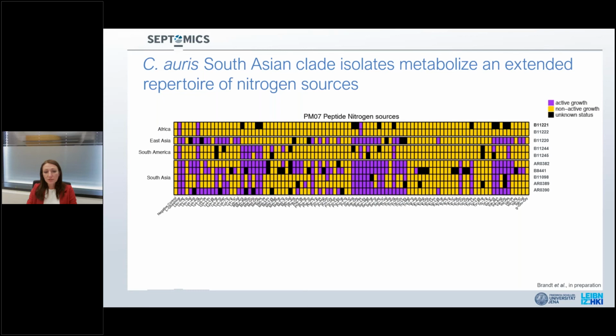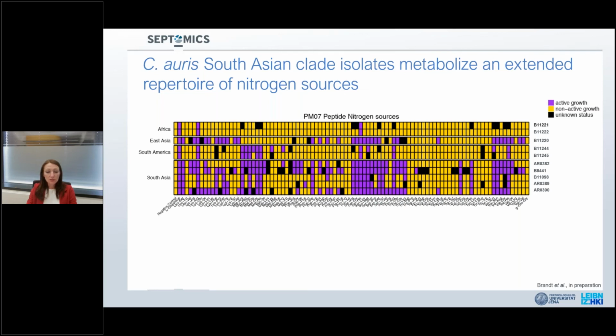So perhaps this ability to utilize a variety of nitrogen sources is somehow connected to the highest capacity to acquire multi-drug resistance and to cause infections in susceptible individuals.